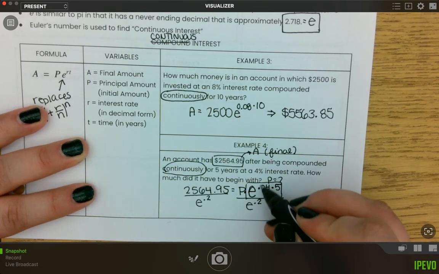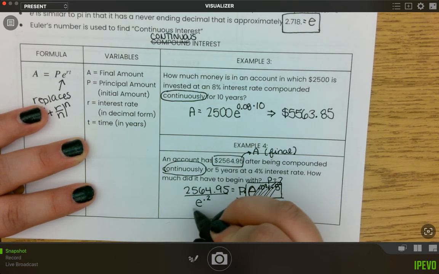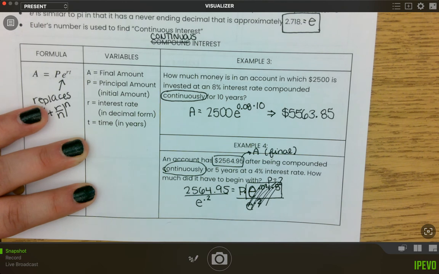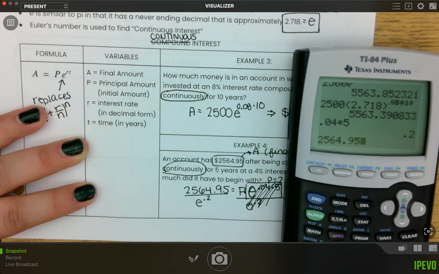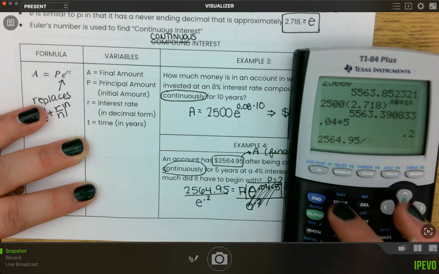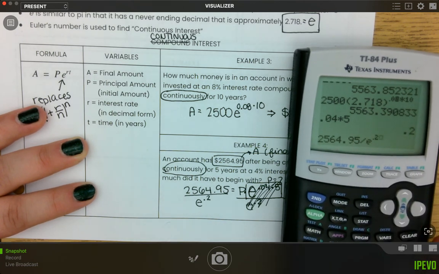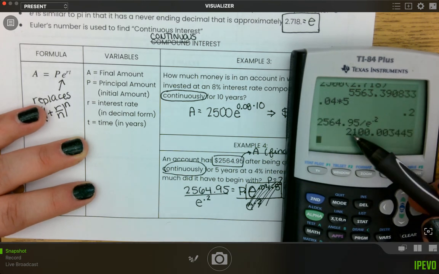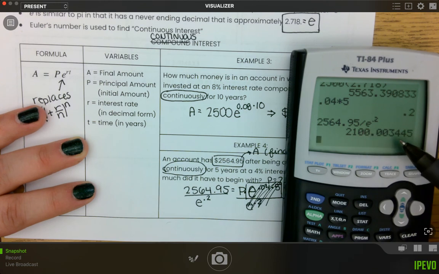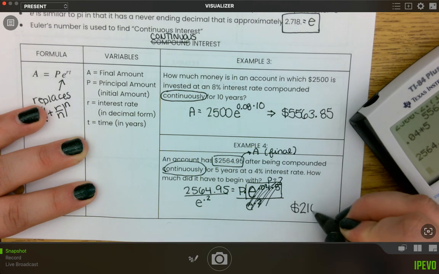So that these cross out, and you just have this: $2,564.95 divided by e to the power of 0.2. And we're going to call this $2,100, because this rounds to 1 cent, so it's exactly 2,100 even.